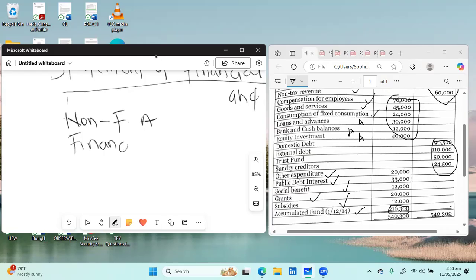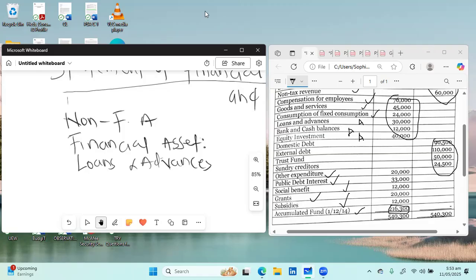Financial asset. Here we are going to have a lot, so all the items listed there. The first one is what? Loans and advances. So sometimes check the position of the items in the trial balance.